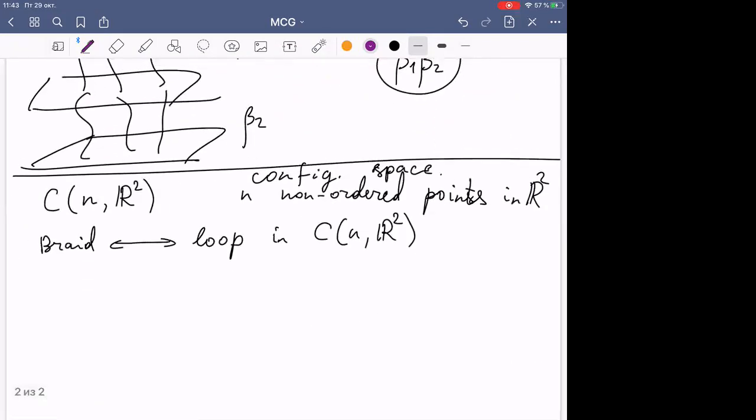So braids are exactly loops at the chosen base point.